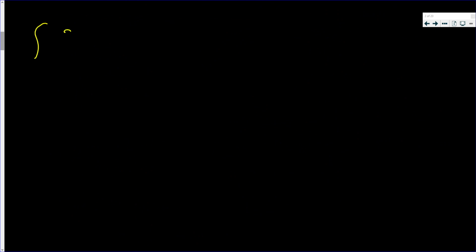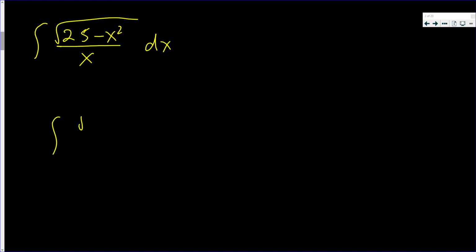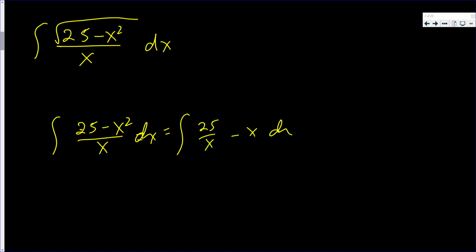If you have the integral of the square root of 25 minus x squared over x dx. Now first I just want to make a little comment. If you didn't have the square root, you should just do the division. This will be 25 over x minus x dx.